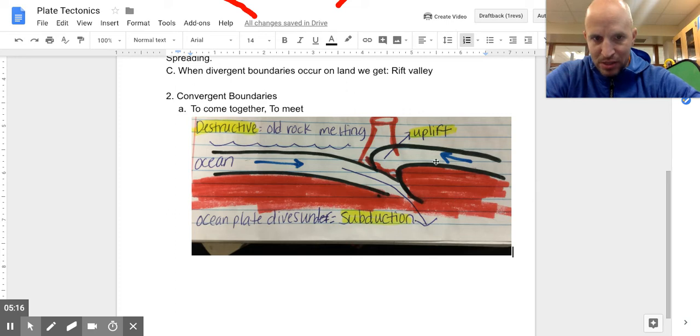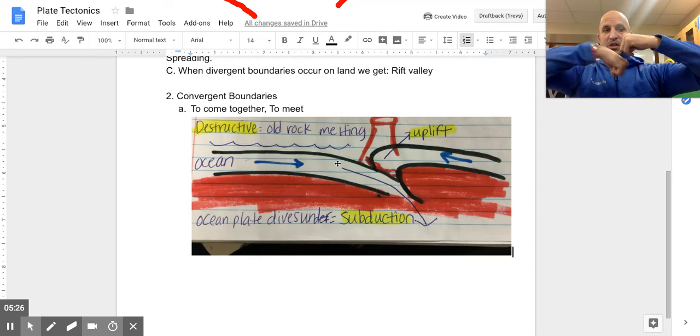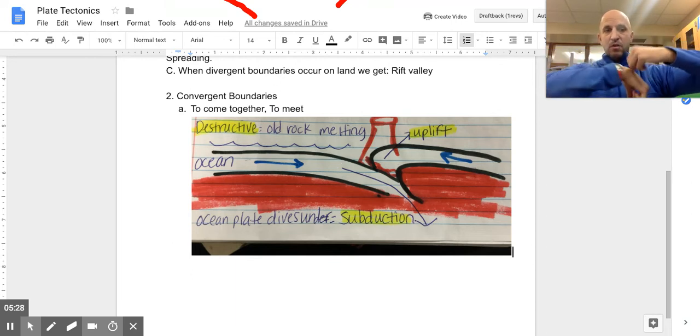And what happens, there's a couple terms here that I want you to write in your picture also. So one word is subduction, and all subduction means is that plate is going down. So when it goes down, that is subduction. All right. And on the other side, we have the other plate coming up, and that's called uplift. So one going down is subduction, other one's uplift.